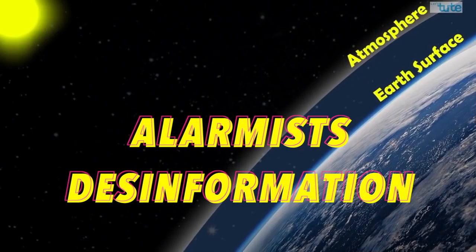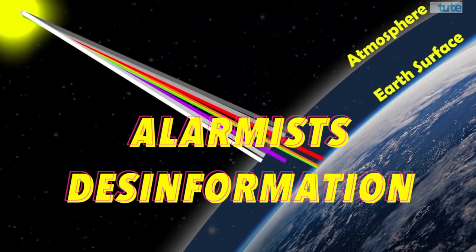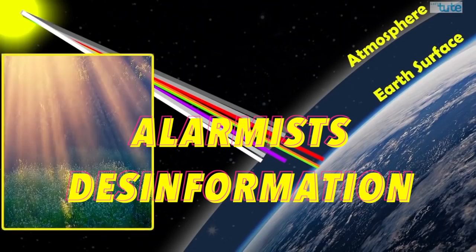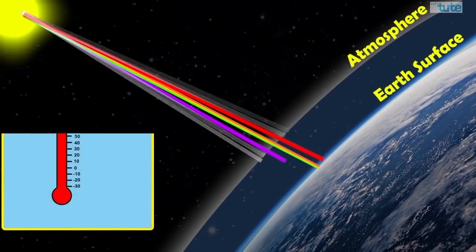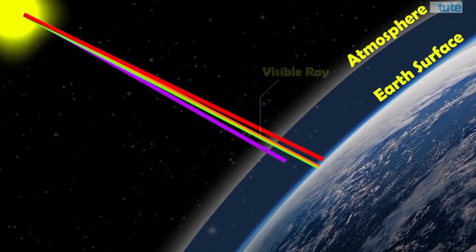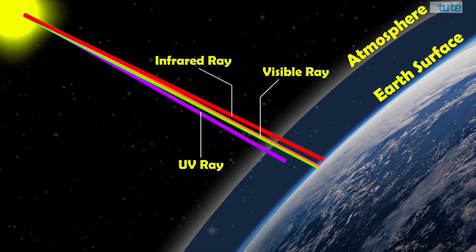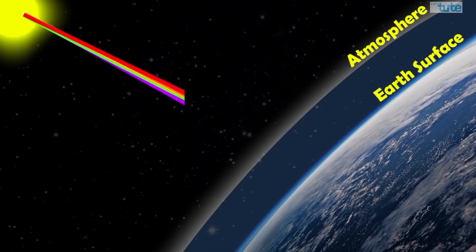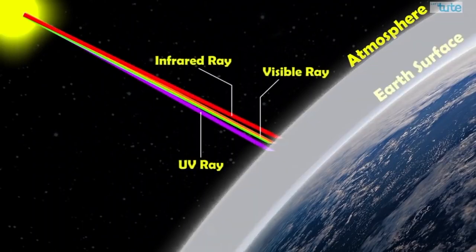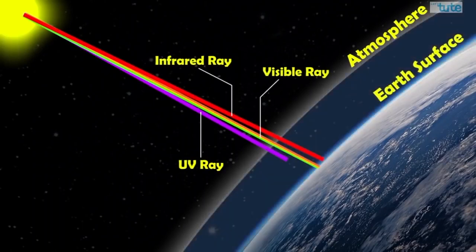Earth is constantly bombarded with an enormous amount of radiation from the sun, which we receive in the form of light and heat energy. These radiations, in the form of visible, ultraviolet and infrared, have to first pass the Earth's atmosphere before reaching the surface.